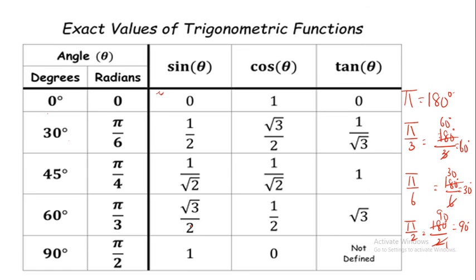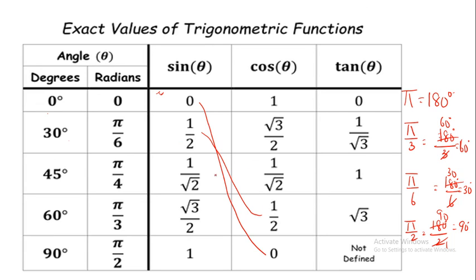That's why I'll give you a small hint. The values of sine are just the same as the values of cos in reverse. For example, sine 0 is cos 90. Next, sine 30 and cos 60, both are the same, 1 by 2, 1 by 2.